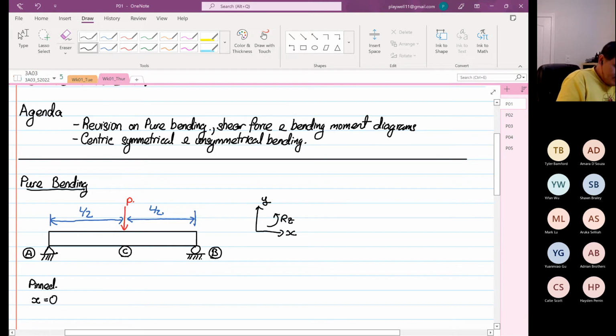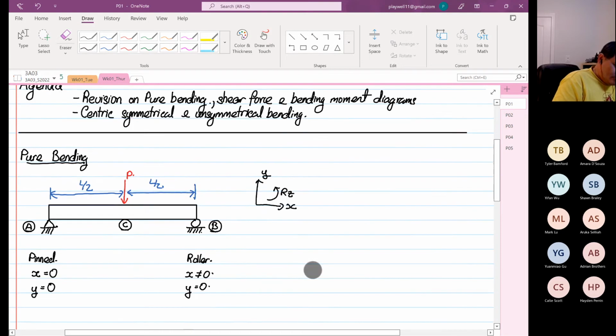We don't allow movement in the X direction. Likewise, we do not allow movement in the Y direction. At point B we have what we call a roller. A roller restriction means that X is not equal to 0, i.e., we allow linear motion along the x-axis, but Y is equal to 0.